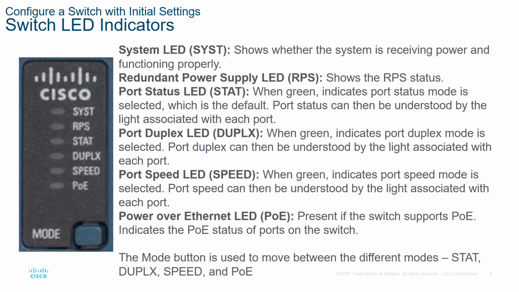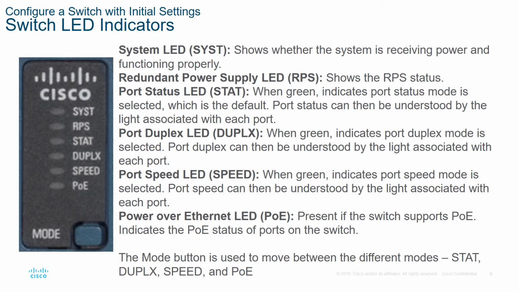It helps to ensure uninterrupted operation and protection against device power supply failures. The RPS LED in the switch indicates whether the switch is connected with the RPS system or not. If the light turns on, the switch is connected with the RPS system. If the light turns off, it is not connected with any RPS system.